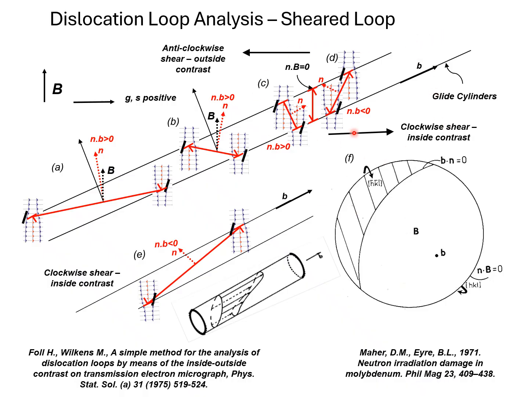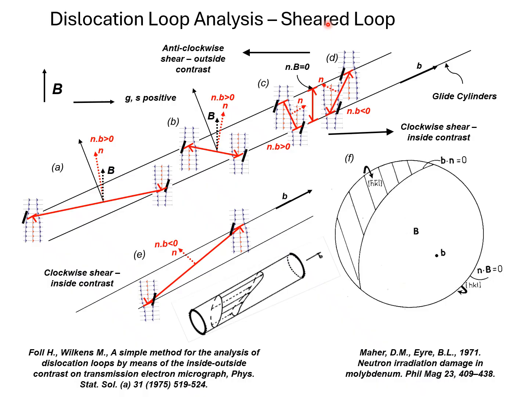The only takeaway I want to point out here is that it's important to know the sense of the loop, how it's tilted. So when you're looking down the beam direction, which is defined as upward normal, when you're looking down on top of the loops, it's important to know whether it's tilted left or right, because that affects the contrast.